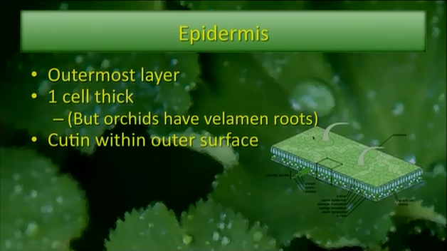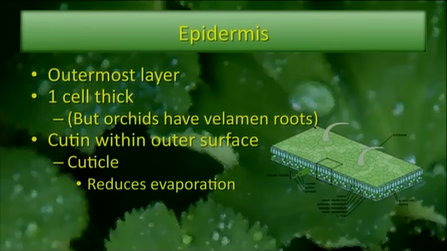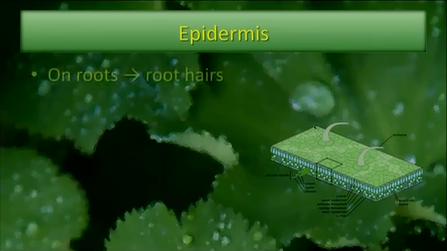Cutin and waxes are within the outer surface of the epidermis, and this forms a cuticle which reduces evaporation, keeps the plant from losing too much water, and also resists bacterial incursions. Now on the roots you have root hairs.